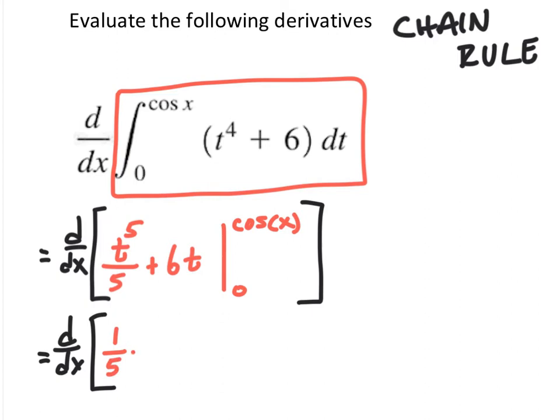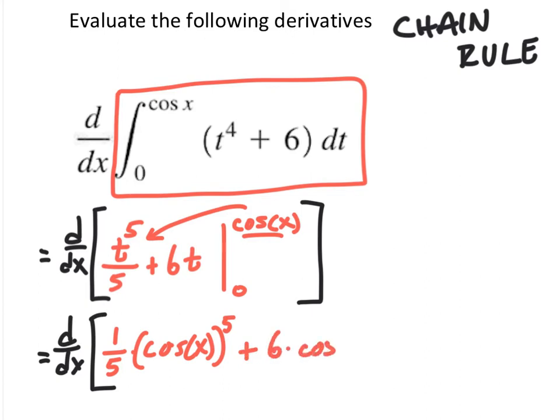Times, and I need to plug my cosine function in for t. So cosine of x, quantity raised to the 5th power, plus 6 times cosine of x. And then I've got that whole thing, minus the whole quantity of plugging in 0 into my function.